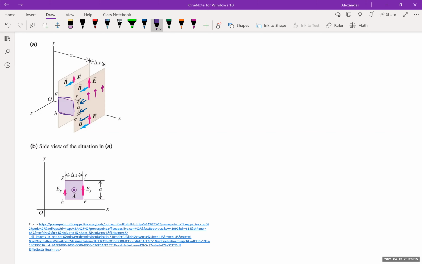Suppose we ask for the circulation, we called it, of the electric field on the closed loop EFGH back to E. We know two things. We know what it is. We can write it down.